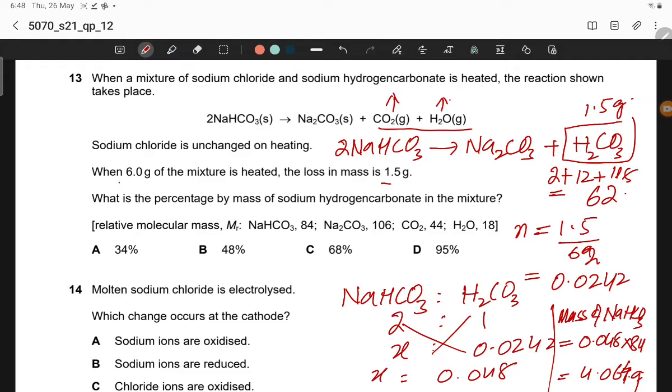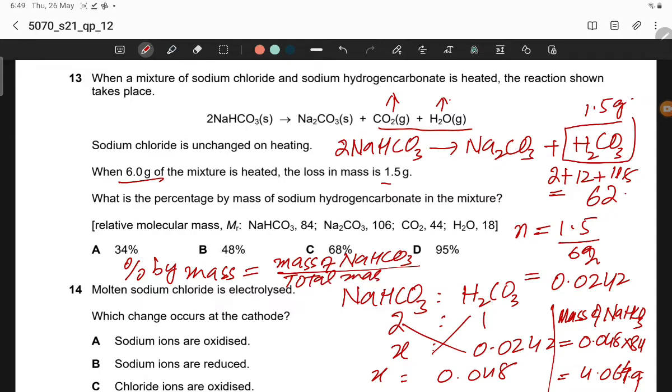Now we have total mixture is 6 gram. Percentage can be calculated. Mass of NaHCO3 divided by total mass into 100.